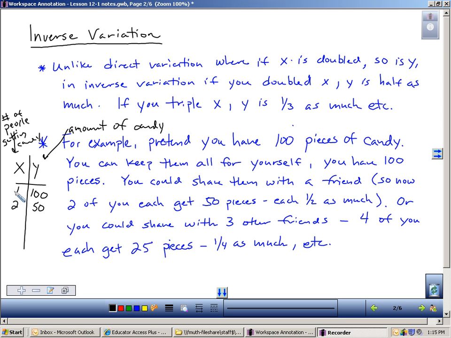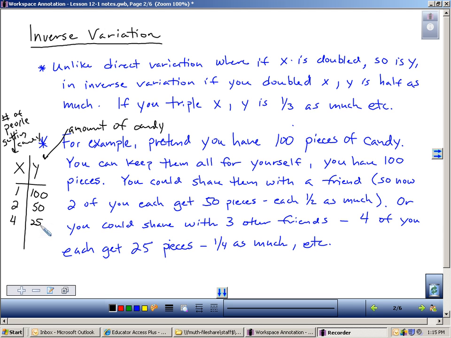So does this make sense? You doubled the amount of people that get candy, but then the Y value is now half as much. Let's say we decided to split the candy among 4 people. We have quadrupled the amount of people splitting the candy, but everybody is only going to get 1/4 as much.